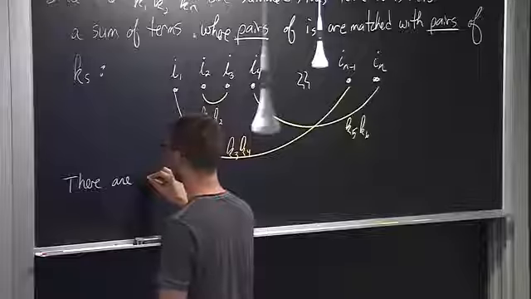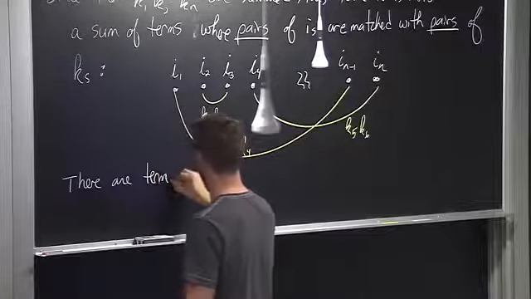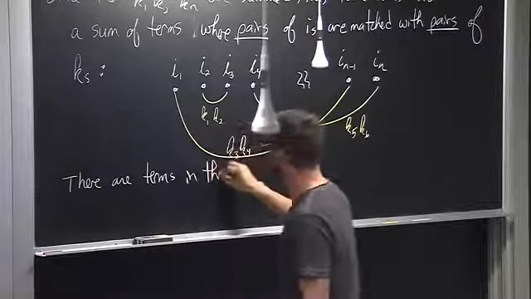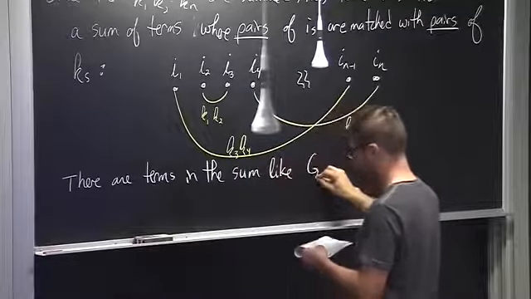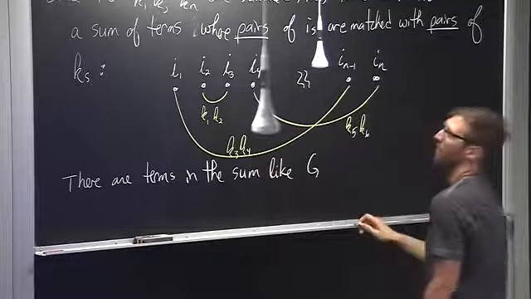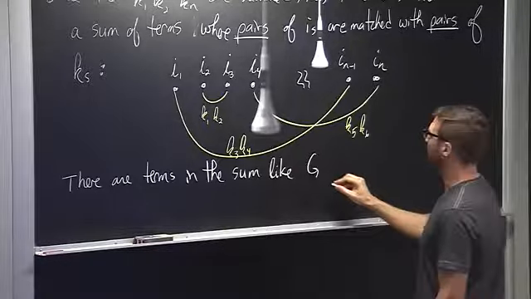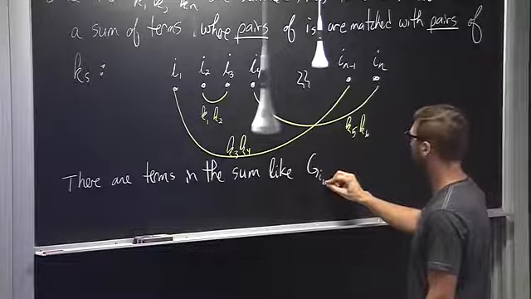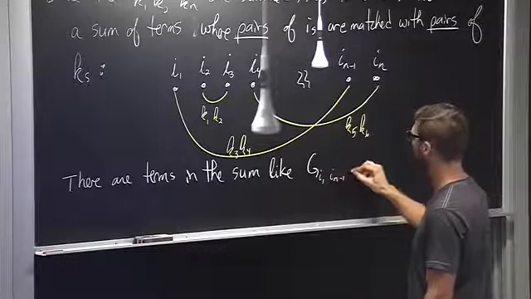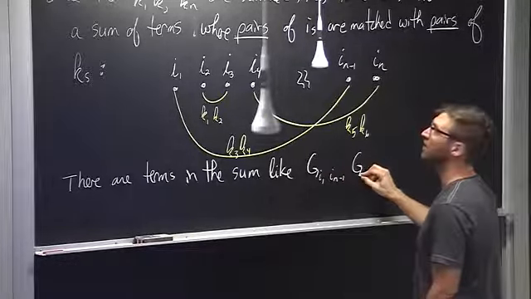There's all these terms. So what would it be here? It would be like I1, n minus 1, n minus 1.